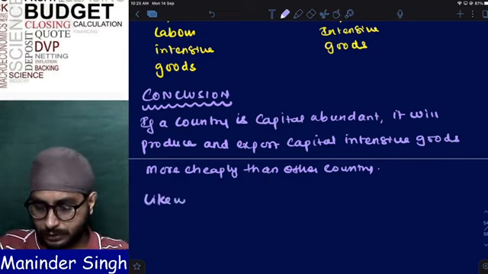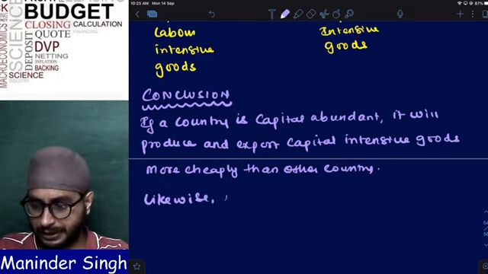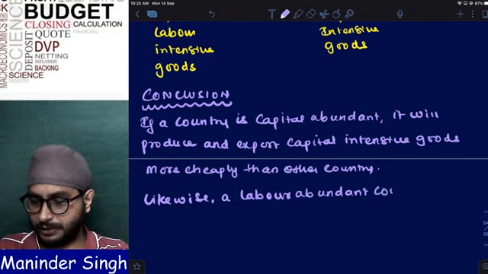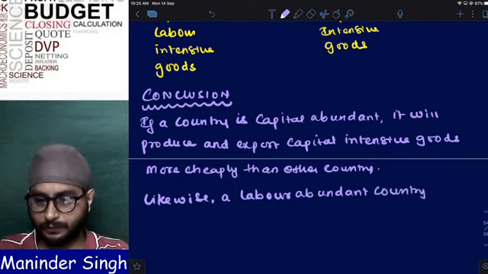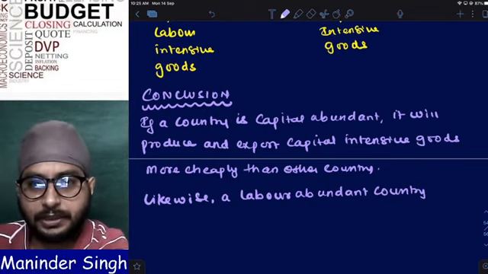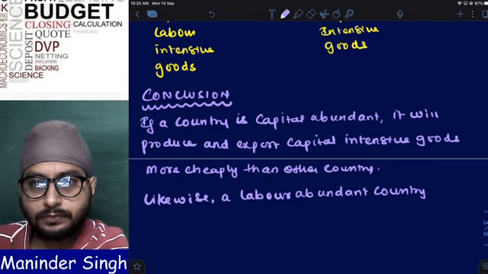Likewise, in the same way, what will a labor abundant country do?